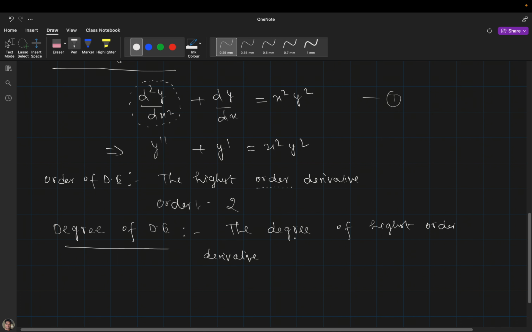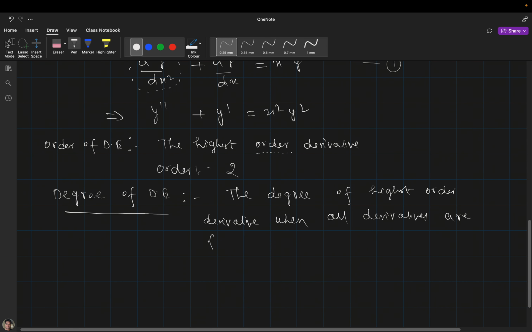But in the case of degree, the degree of a differential equation is the degree of the highest order derivative when all derivatives are free of fractional powers.